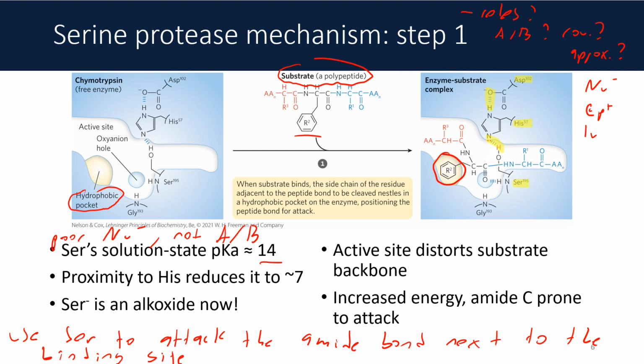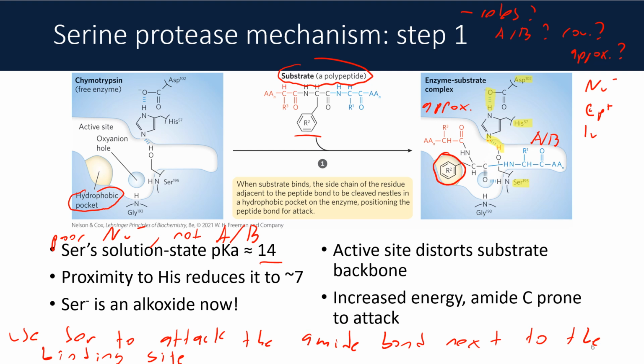This is a great example of catalysis by approximation. The enzyme fold holds these catalytic residues in a very specific proximity, which allows acid-base catalysis to occur between histidine and serine.